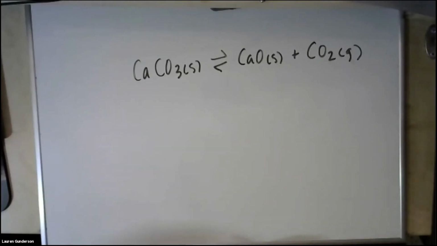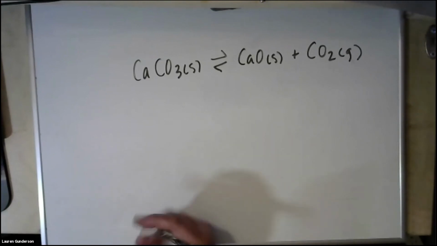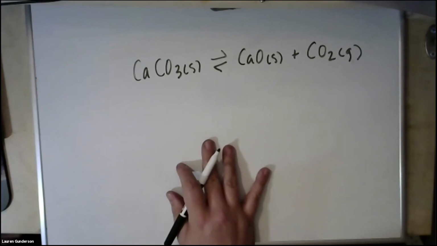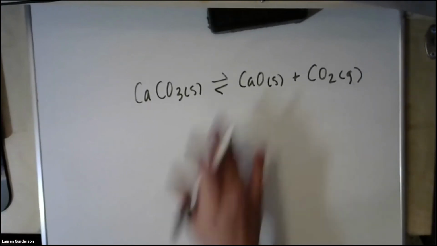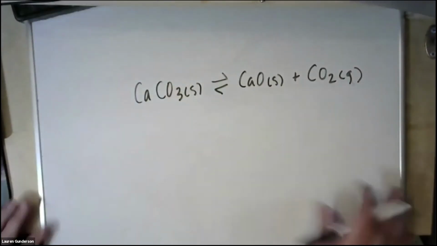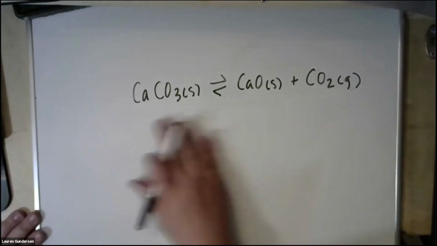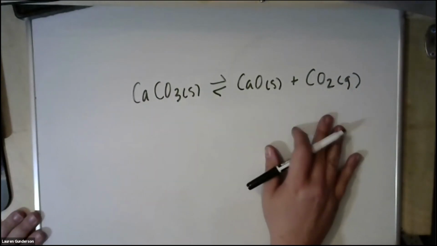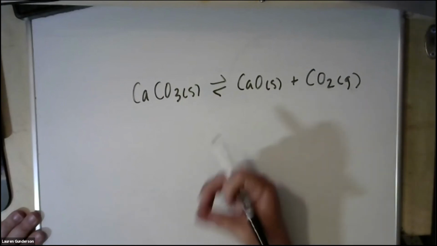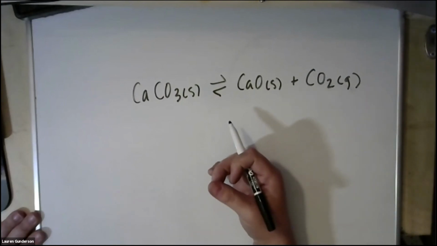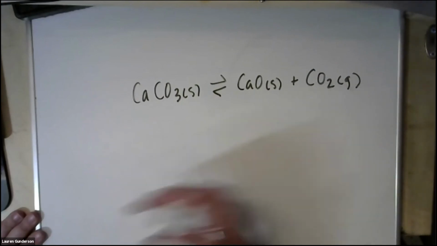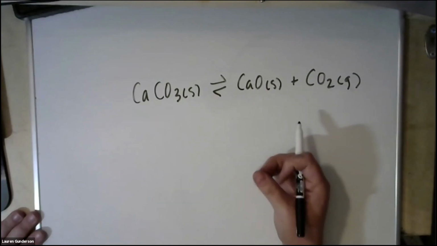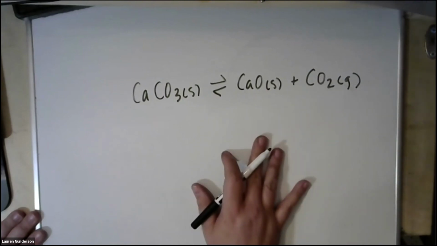Okay, so question one says, what's the effect of adding additional CO2 to the reaction mixture? Okay, so the way Le Chatelier's principle works is if this system that we're looking at here is at equilibrium and you disrupt that equilibrium, the reaction is going to shift in whichever direction it has to correct the disruption.